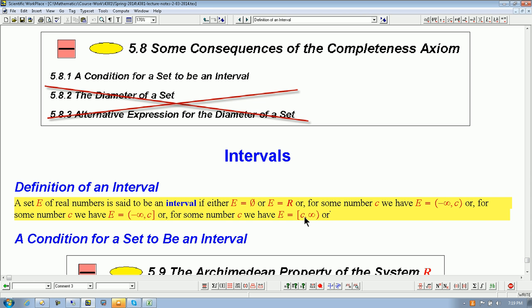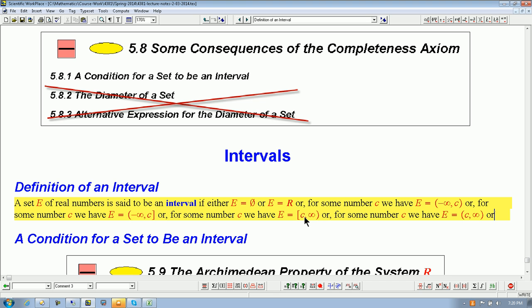or, what do you think's coming? For some number C, we have E equals the set of all real numbers that are greater than C. Or anything else?